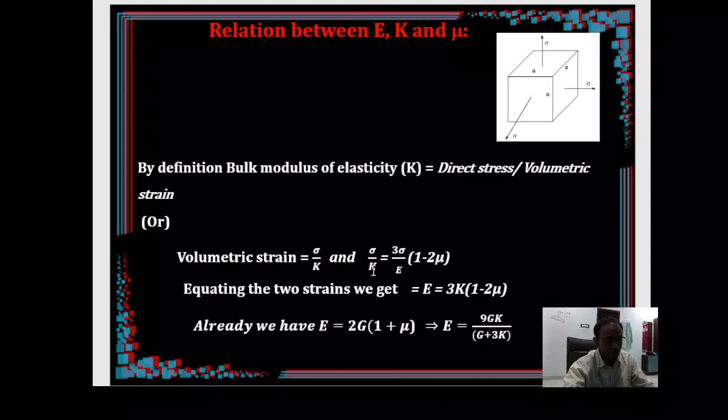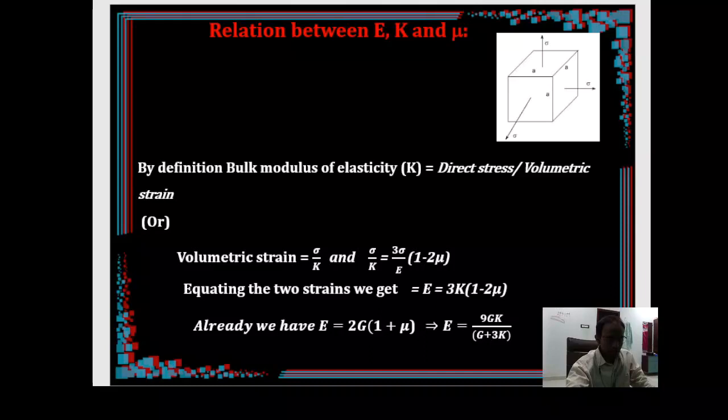And then this sigma by K is equal to 3 sigma by E times 1 minus 2 mu. By equating the strains, you will be getting the relation.